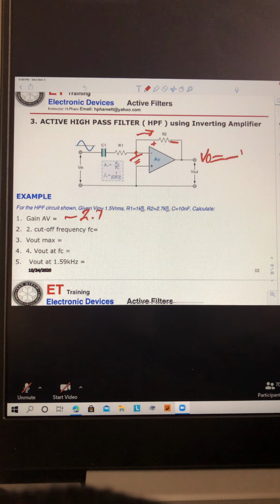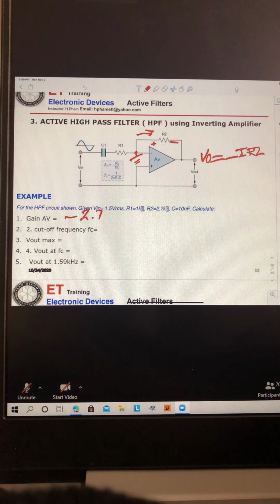I R2. That is the VL. And now you get the gain, AV equals VL divided by V in.